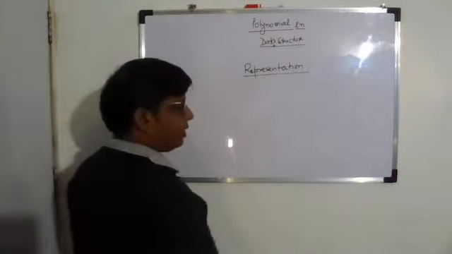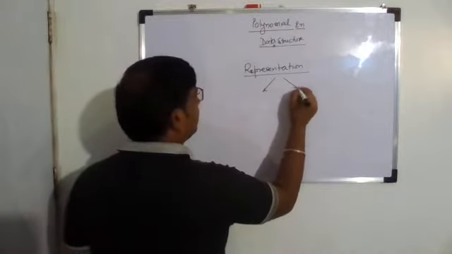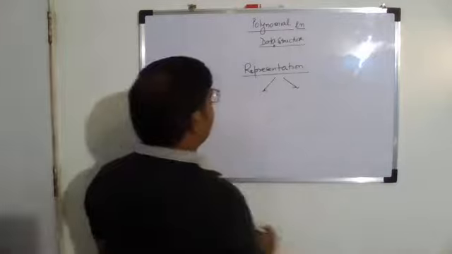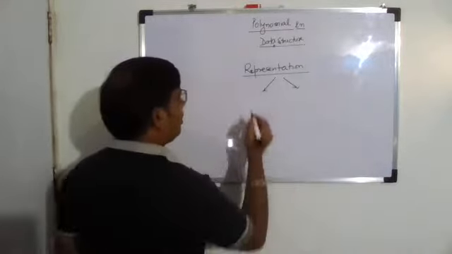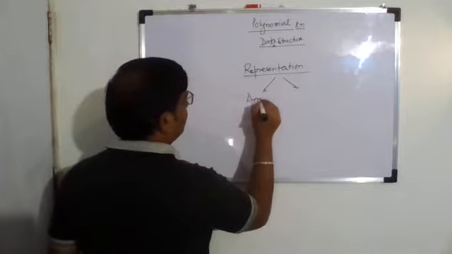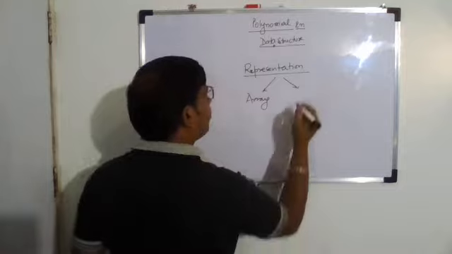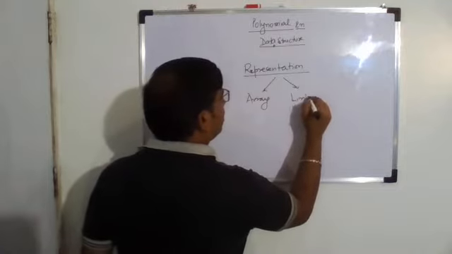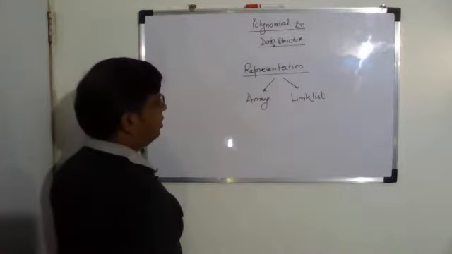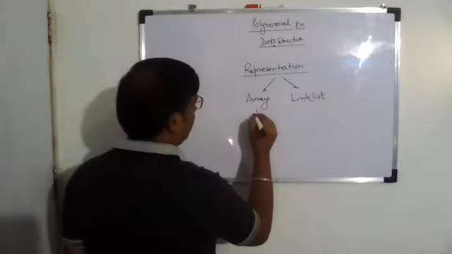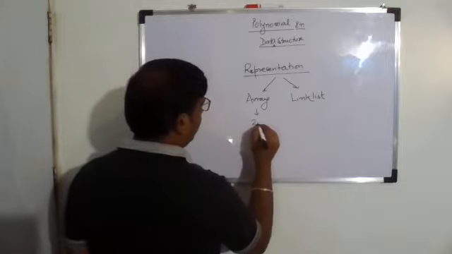Now the representations can be in two ways. Number one, the array representation and the linked list representation, right?